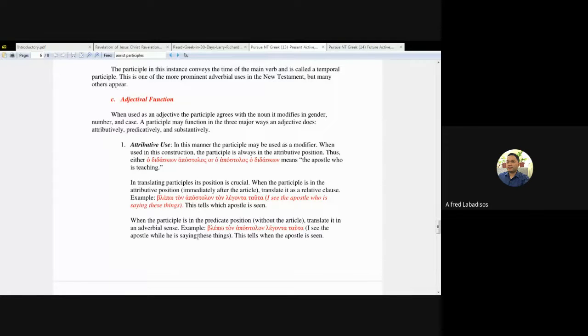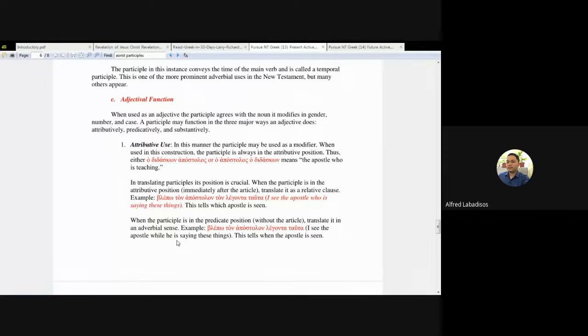Or you can say, I see the apostle when, or after; it depends upon the following phrase. In this case, while is used.